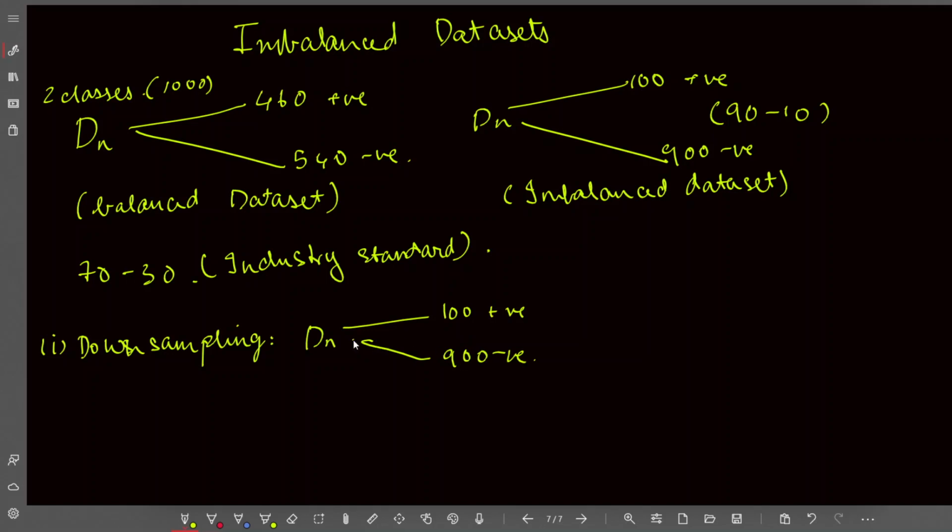Instead, we take another dataset, Dn dash, where we take 100 data points from the positive class and 100 data points from the negative class. This balances our dataset. Now the ratio is 50/50, so our dataset is balanced. This is what downsampling is.